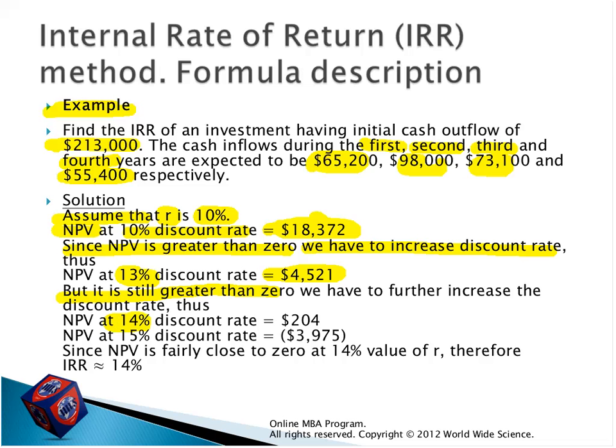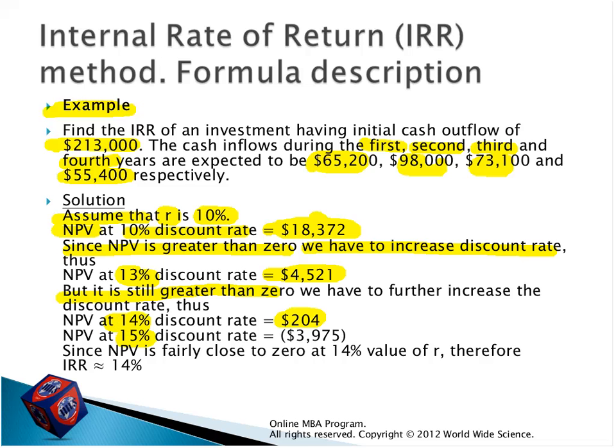After calculation of NPVs over the 4 years of this project, we found that the net present value of this project is equal to $204, right? So it is still greater than 0. Then we can increase our discount rate to 15%.